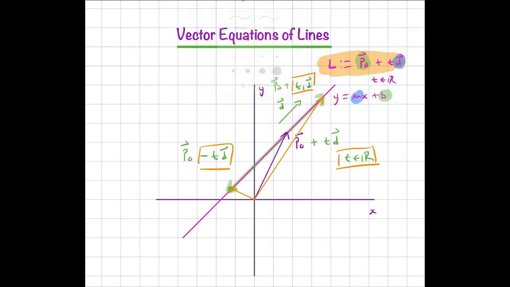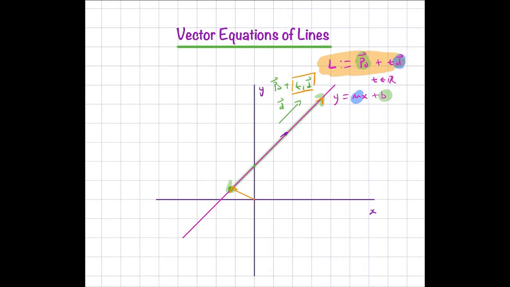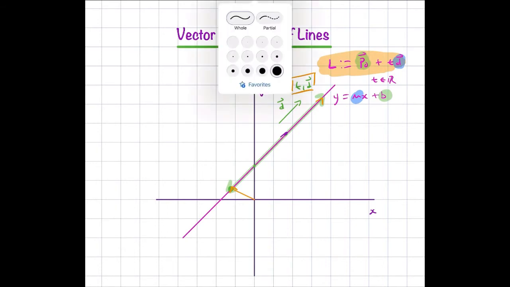So hopefully this is clear. I want to just wrap this up, and I'll get rid of this random little thing up there. In the next video, because this is getting a little bit long, we'll go into 3 dimensions and see what the vector equation of a line in 3 dimensions looks like. I want to see how we can go back and forth, because this is a thing that they can test you on in high school in a vectors course.